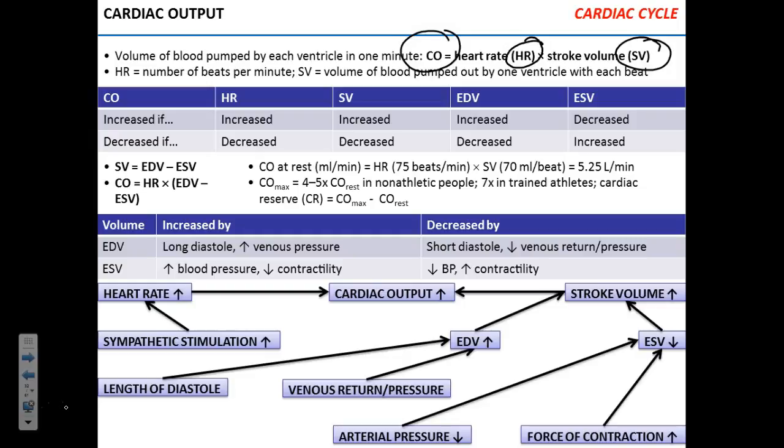How much blood the heart pumps with every contraction, right? Does that make sense? Again, think about the pump that you use to pump a bicycle tire.